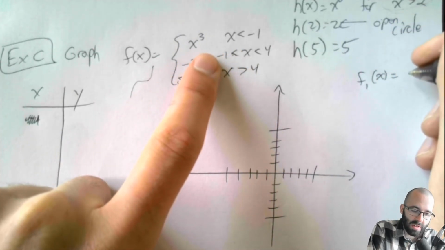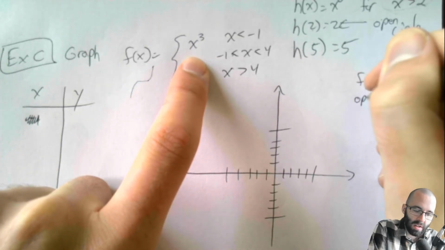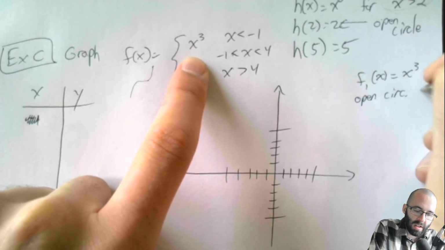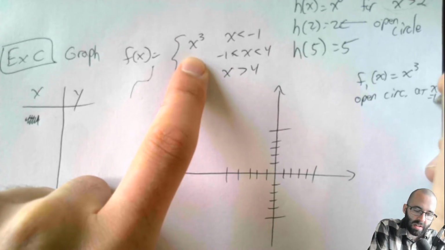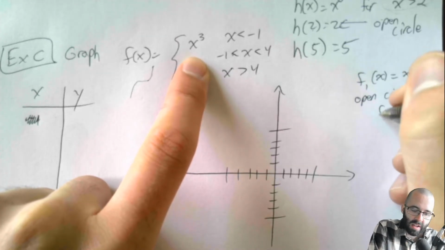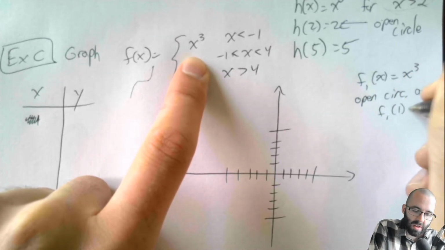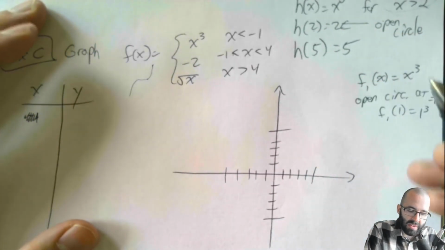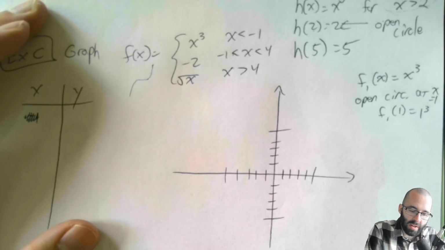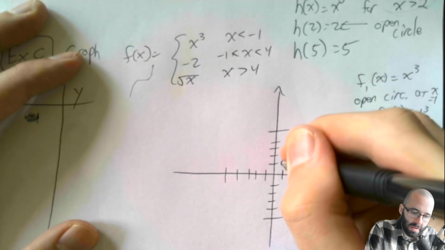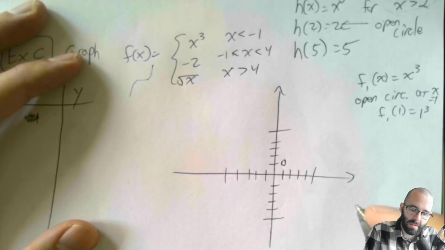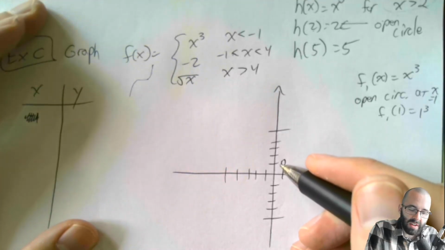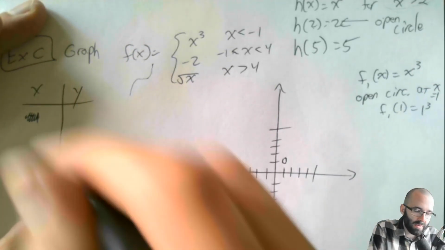Open circle, right, is when X equals 1 for that piece. So on that first piece, 1 cubed is just 1. So now there's going to be an open circle at 1, 1. And everything to the left of here is going to be that cubic function.